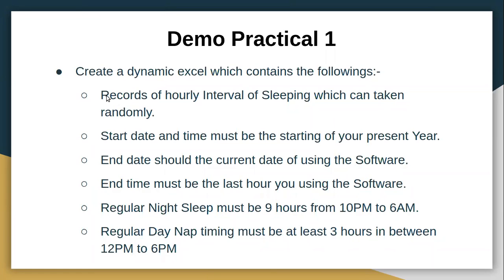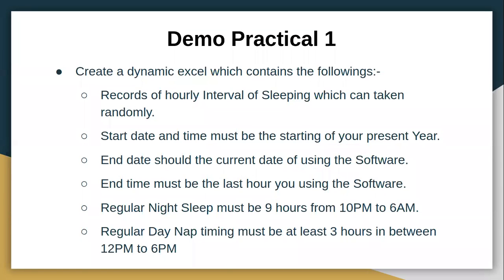So what does it contain? Records of hourly intervals of sleeping, which can be taken randomly, and the start date and time must be the start of the present year. So when the year starts, that means 1st Jan at 12 midnight, and the end date should be the current date of using the software, or of running the script to create the Excel.